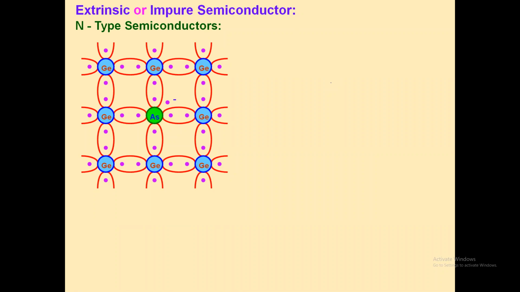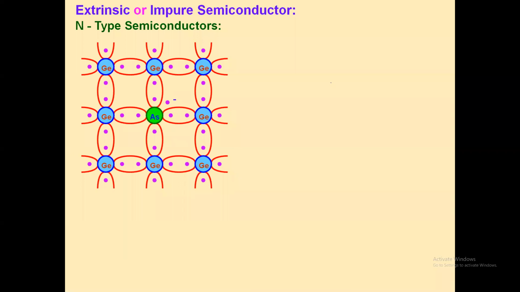Now you can imagine, because an atom is a very minute thing, if we add a small amount of pentavalent impurity, then a large number of free electrons are available in that crystalline structure. And if a large number of free electrons are available in this crystalline structure, definitely its current conduction capacity may increase.